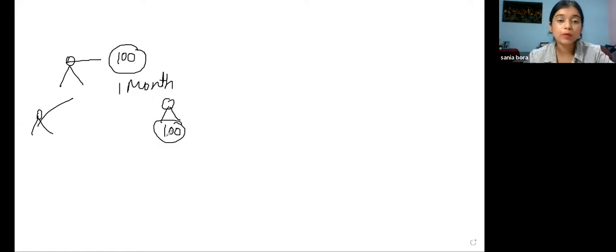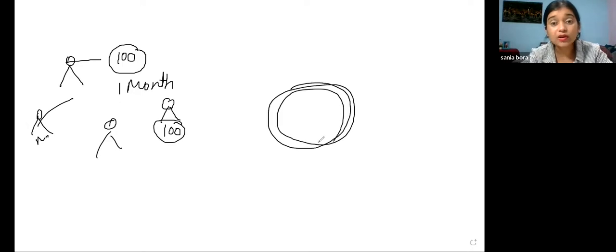Again, he promised that I'll give you next month. But again he was unable to pay the loan. So again, he is taking money from someone and giving it to someone, and then again taking money from someone. Basically now he is in a trap. He cannot come out of the debt trap. He is badly trapped in this trap, which is known as debt. Debt is basically when you take some money from someone, you are under debt. You are a debtor, right?